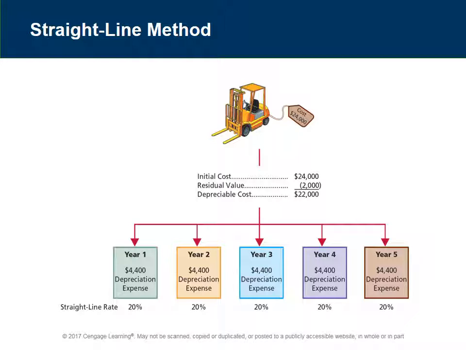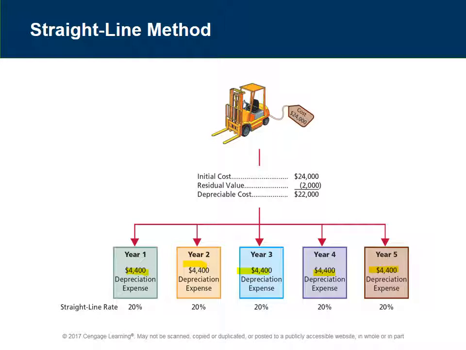And we're going to take that $4,400 so that each year we record depreciation expense of $4,400, and accumulated depreciation expense is going to be building. And by the end of the 5th year, when you've recorded this 5th year's adjusting journal entry, the depreciable cost will be shown in accumulated depreciation.